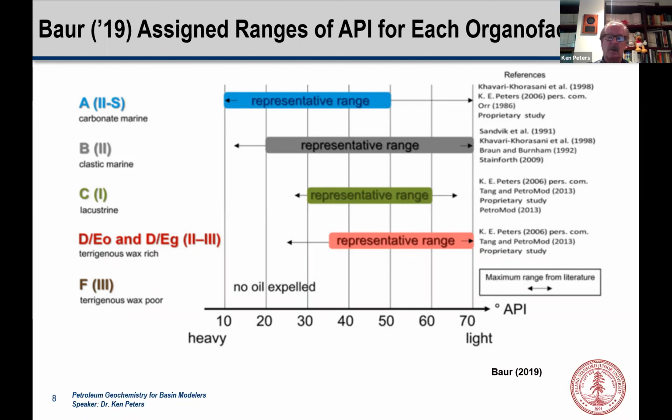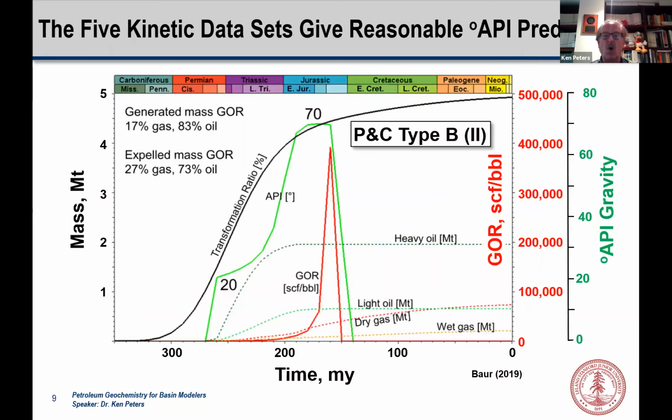These can be adjusted. So here's just one example. This is one of those 5 modified kinetic models, and you assume you have a 1D model. This shows, for that 1D model, assuming Pepper and Corvey type B, that's a type 2 kerogen, at that 1D model location, you can model the instantaneous expelled API gravity.